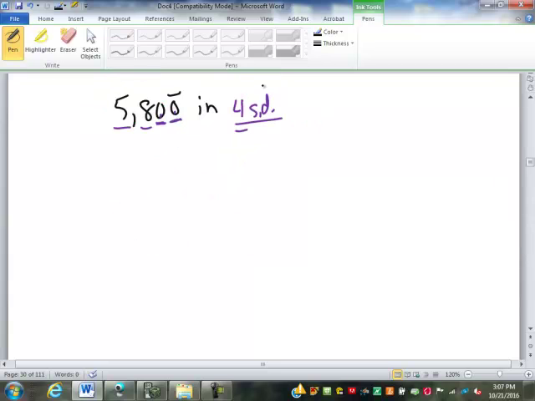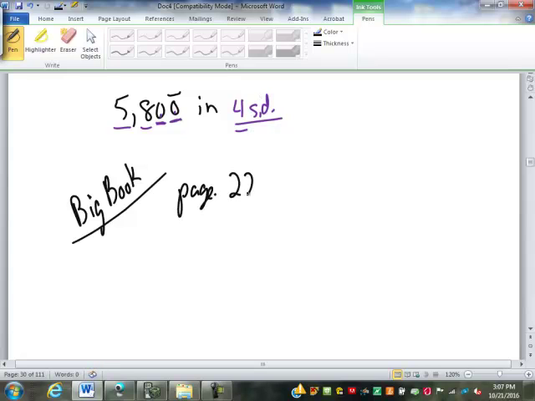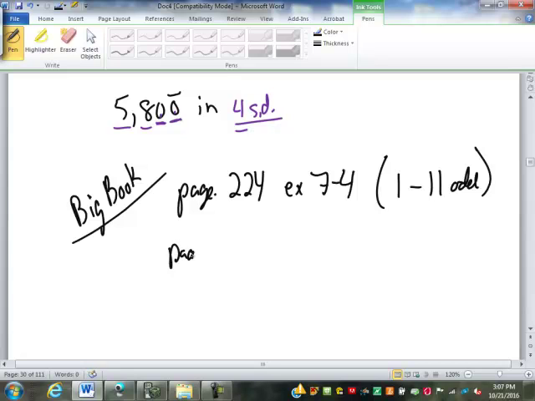For now, I'll give you guys some homework to get started on here for the last 22 minutes or so. We are in the big book. On page 224, it is exercise 7-4. We'll have you do 1 through 11, the odd. On page 225, exercise 7-6.